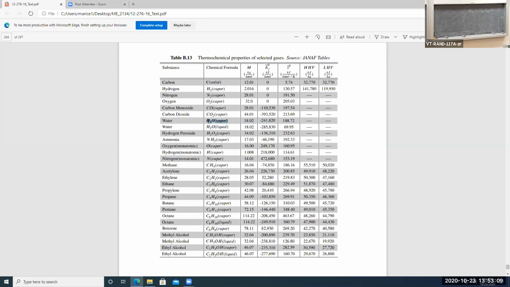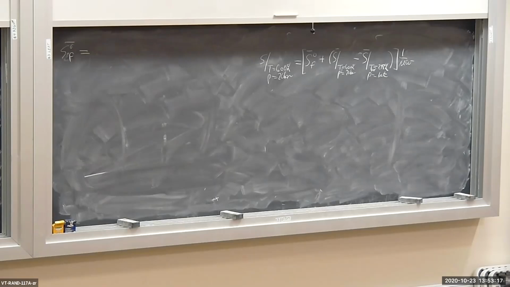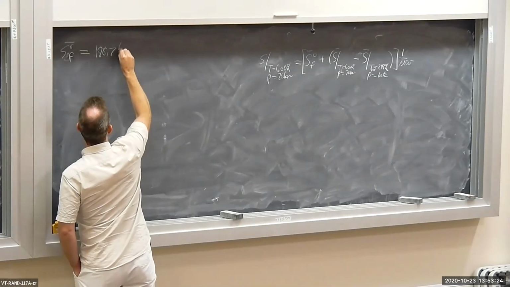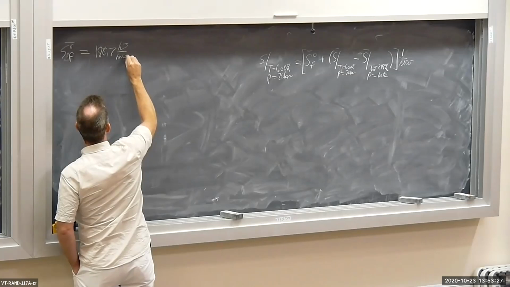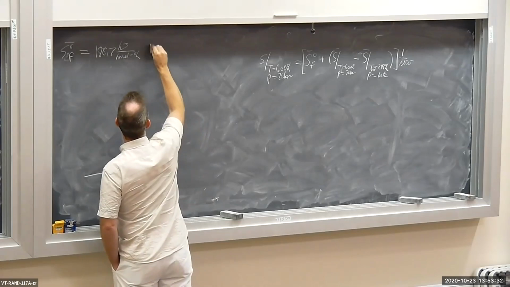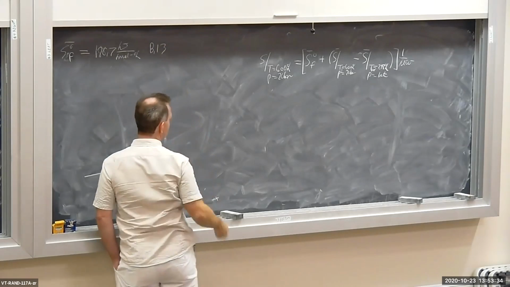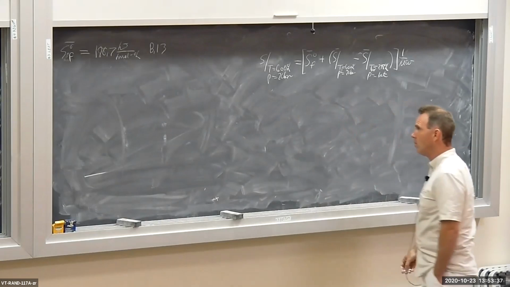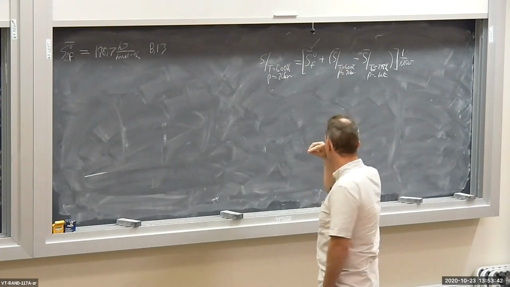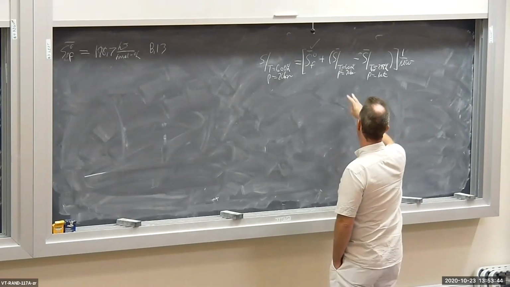Water vapor, S naught sub F, 188.72 kilojoules per kilomole degree Kelvin. Okay, and that's from B13. So I got this now. Check. I know what the molecular weight is. I don't need to look that up again. All right, let's calculate this delta S right here.